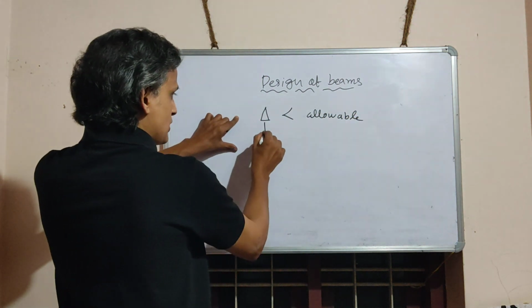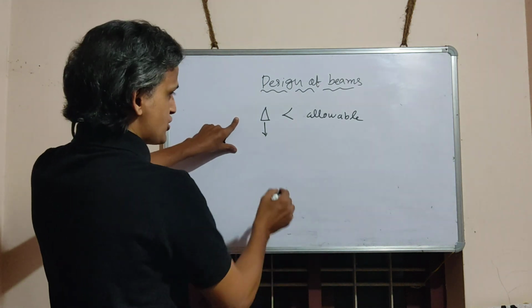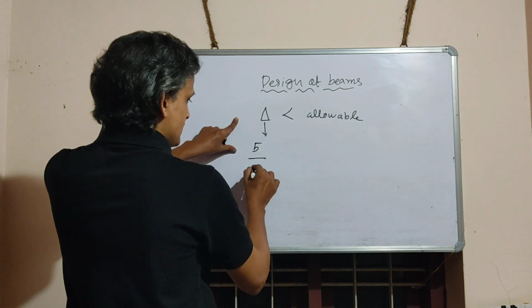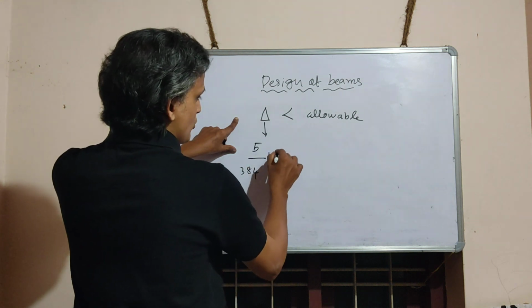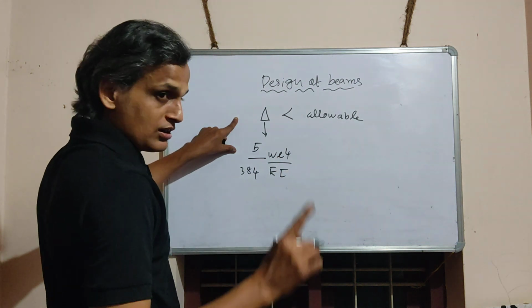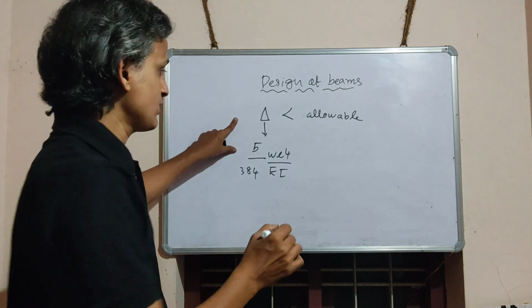For a simply supported beam, that is the easiest case, with a uniformly distributed load, the actual deflection is 5 by 384 WL raised to 4 divided by EI. Here you have to remember one thing.